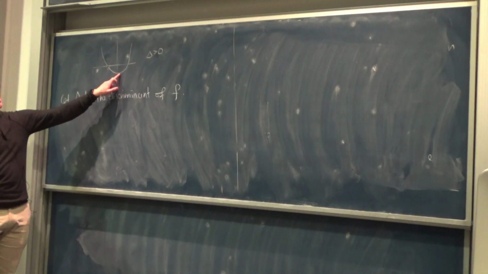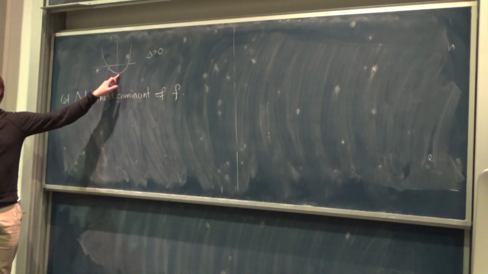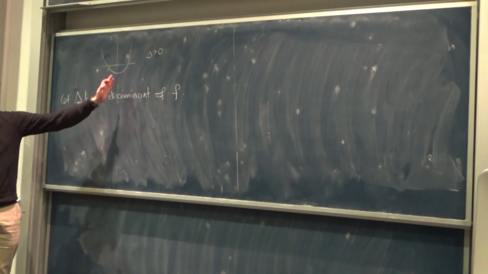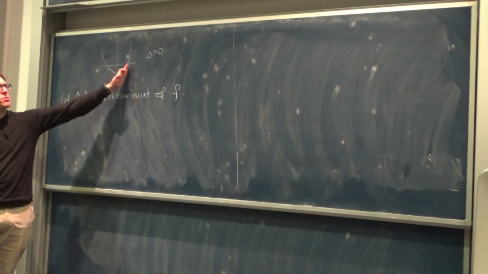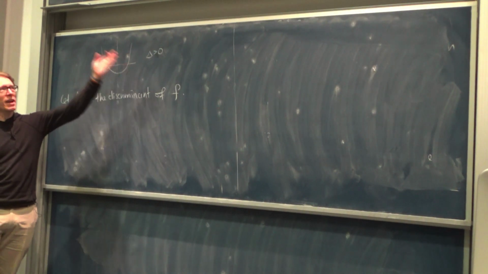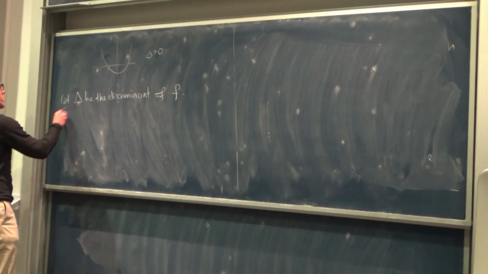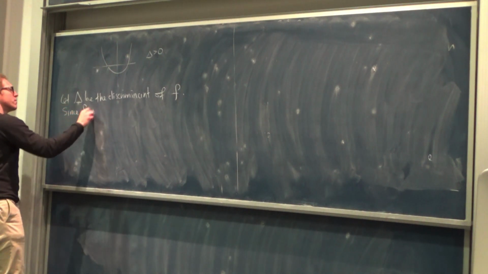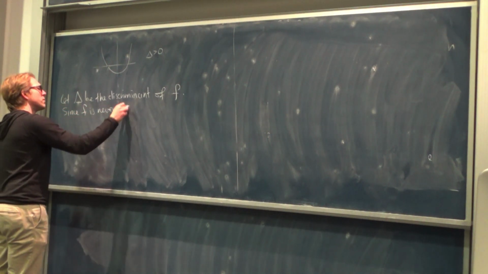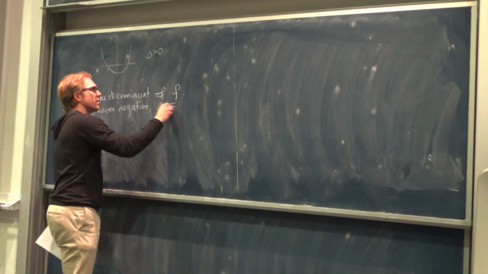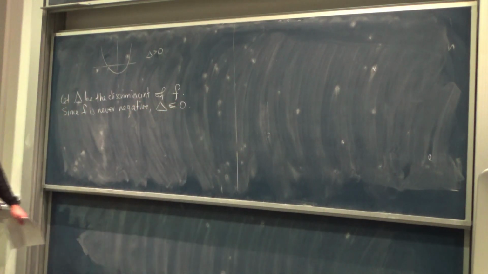It doesn't have to be at the origin, it could be shifted. But if we took the value in between those two roots, the value of f would be negative, but it's never negative. So since f is never negative, the discriminant must be less than or equal to 0.